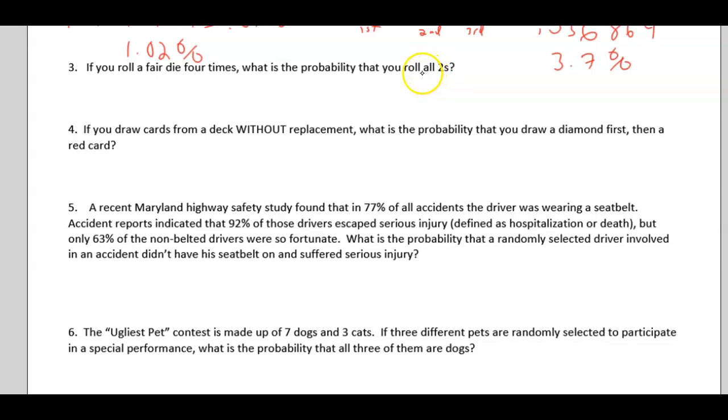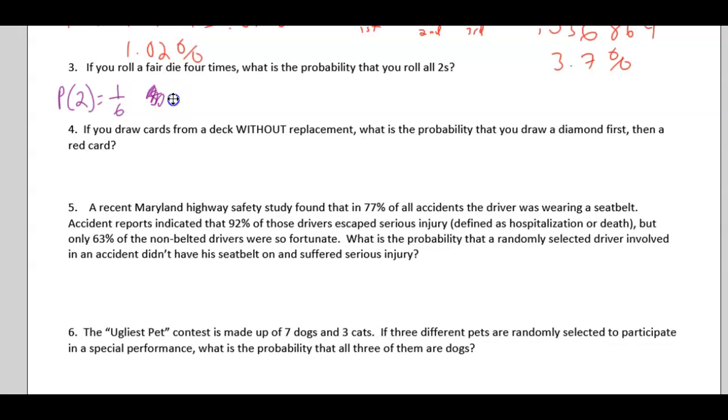Let's look at 1 die. The probability of rolling a single 2 is 1 out of 6 because a die has 6 sides. Now I want to roll this 4 times.